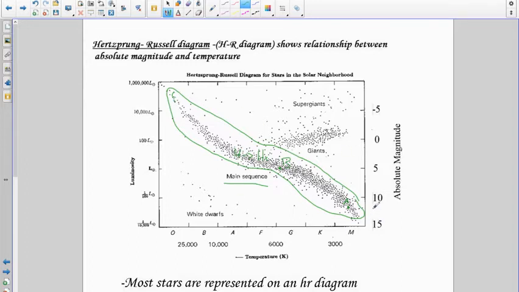First, if I look at the absolute magnitude of this star here, it's somewhere around a 12. Recall that the bigger the number for absolute magnitude, the dimmer the star, and the smaller the number, the brighter. So this one would be a dim star. Stars at the bottom of an HR diagram are dim. Stars at the top of an HR diagram are bright.